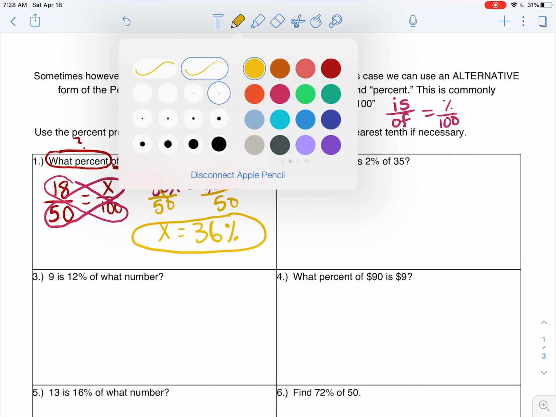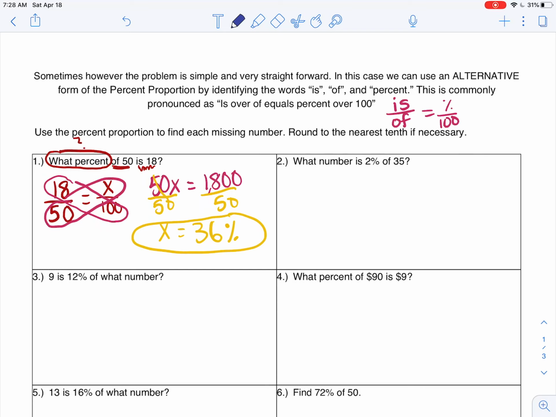Number 2. What number is 2%, okay, of 35? So I want to know this time what number is. I don't know the is part. So when I set up my proportion, where the is gets my variable, x over 35 equals, this time it's 2%, so 2 over 100.